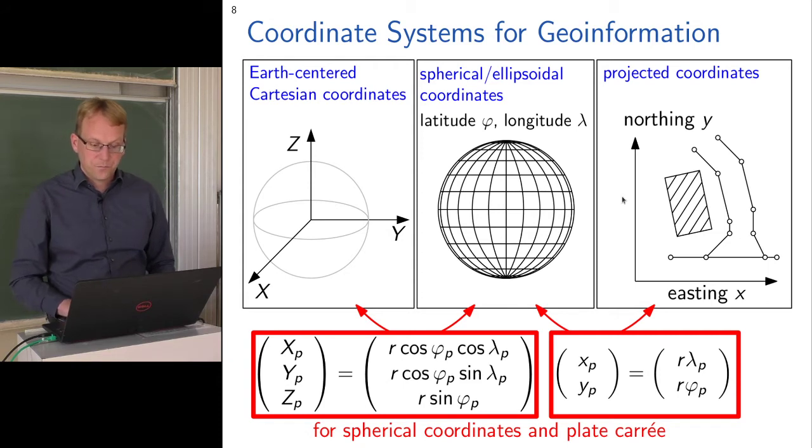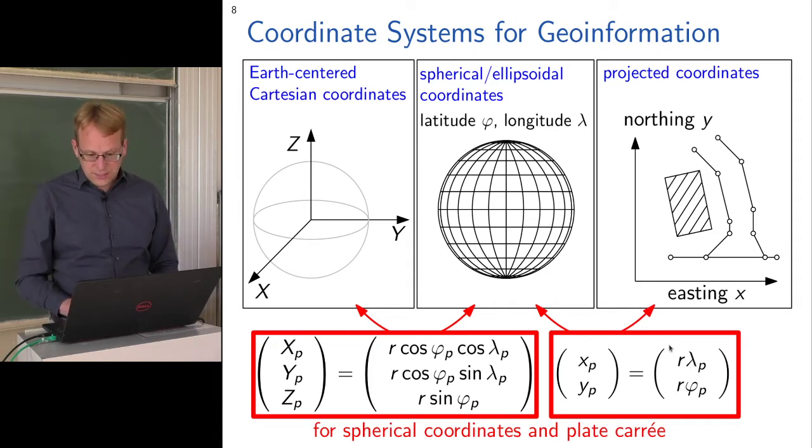So that was our equation here. I'm assuming here lambda and phi in radians, so not degrees, but something between 0 and 2 pi. Therefore I don't need this conversion factor pi divided by 180. It is just r times lambda.